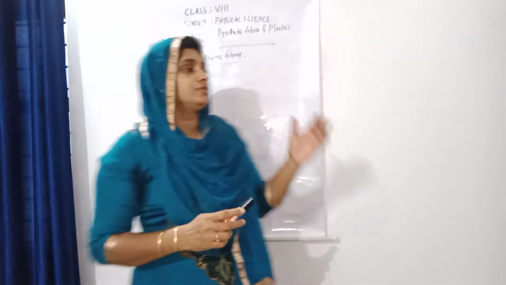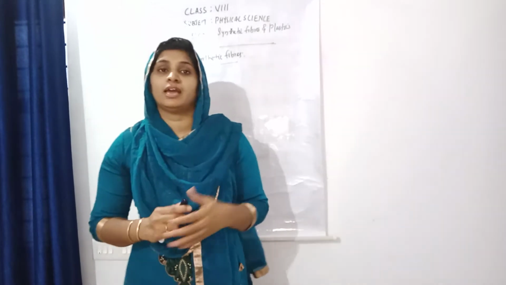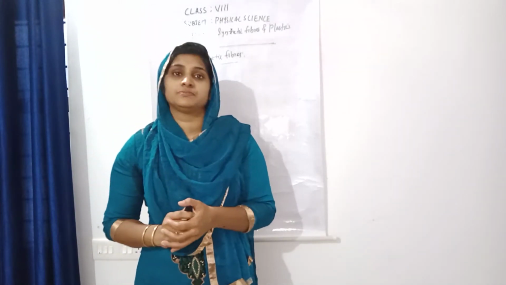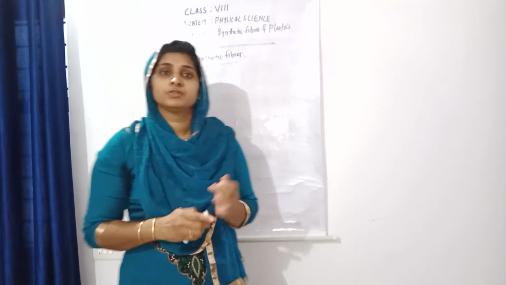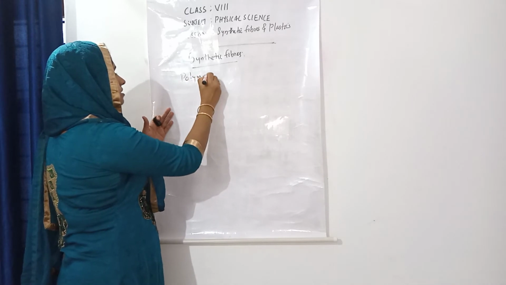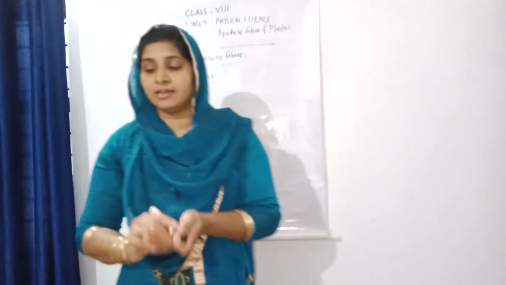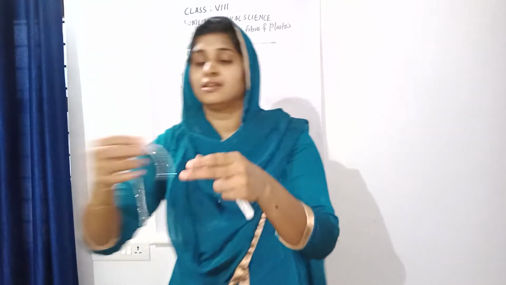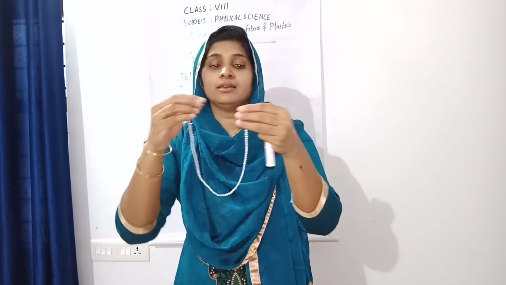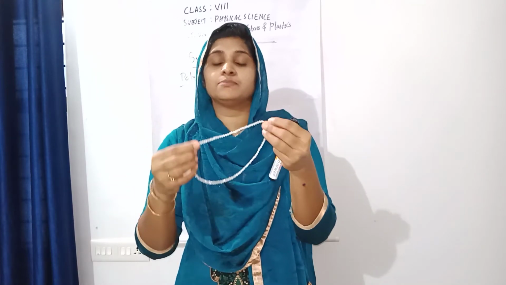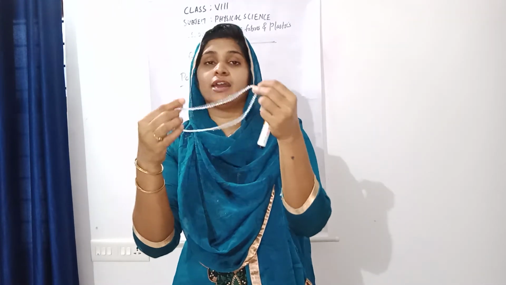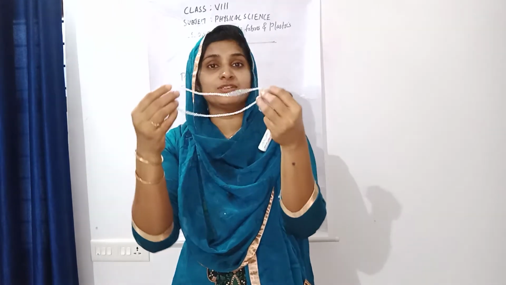Okay, and these synthetic fibers and plastics are made up of polymers. They are actually polymers. Do you know what polymers are? See this necklace, right? This beautiful necklace is made by repeating small beads, small beads joined together to form a long chain.